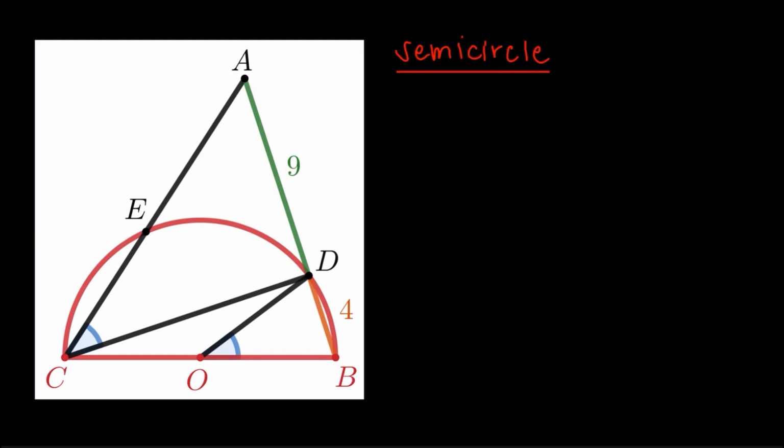And since it's a semicircle, the CB over here is going to be a diameter. So we would be able to see that this must be a right angle since it's the inscribed angle of a semicircle, right? So by Thales' theorem, angle CDB should be right.